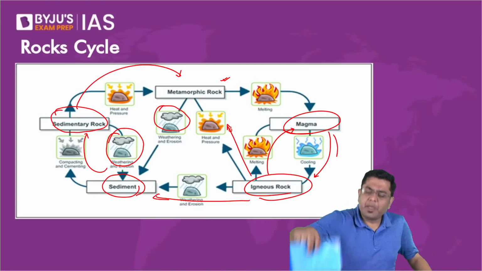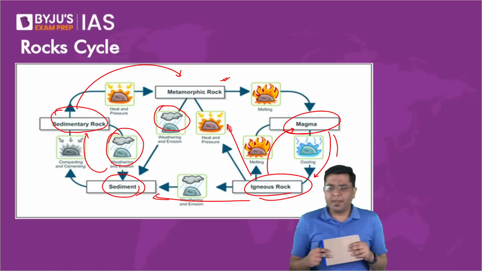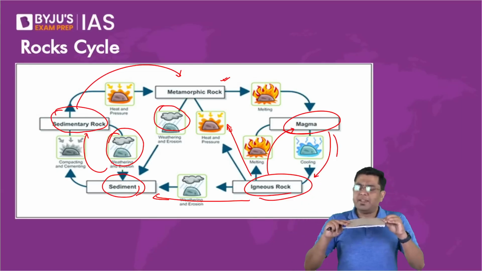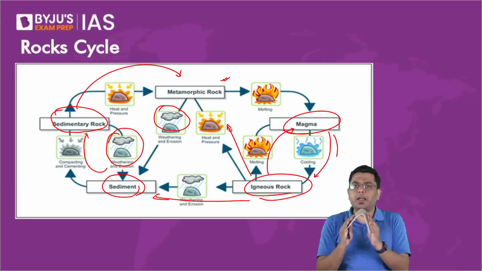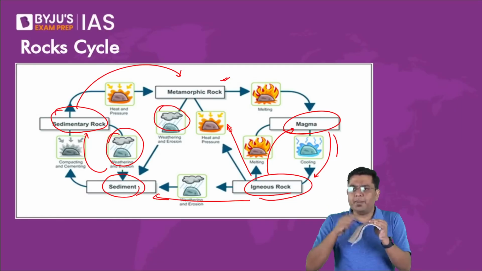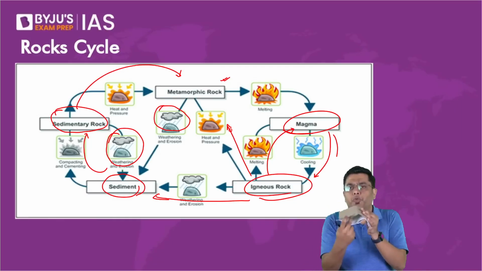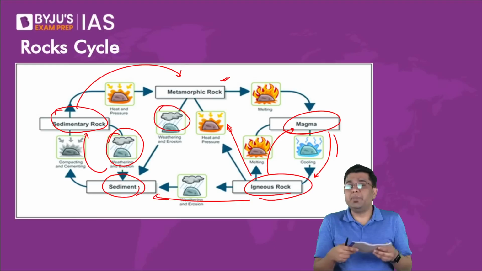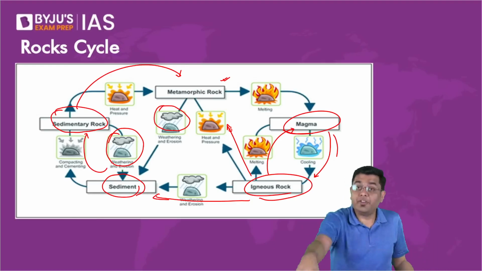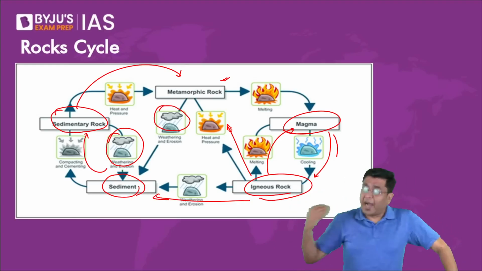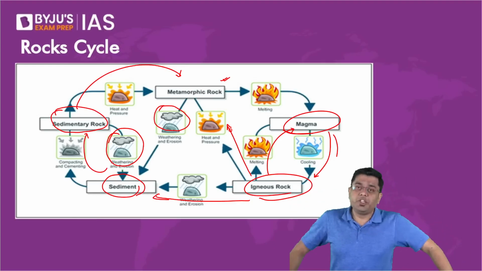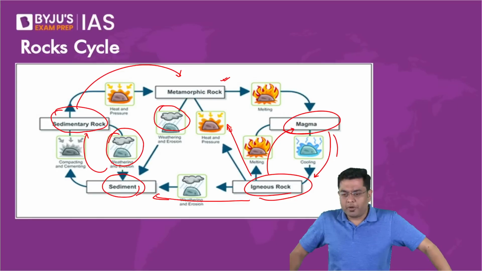Now, when Himalayas were formed, we will talk in detail about that as well tomorrow. When the Himalayas were formed, the crust got compressed. So, if there was sedimentary rock here, if that is getting compressed significantly in this portion, the existing sedimentary rock will experience high amount of pressure, high amount of heat, so they change their structure into metamorphic rock.